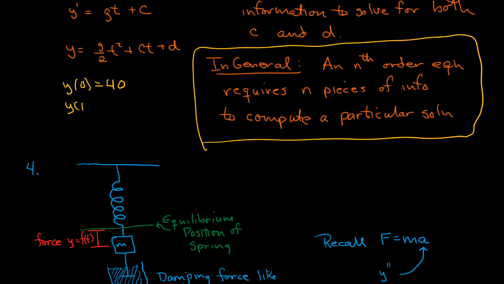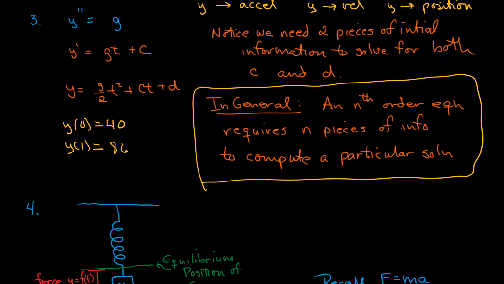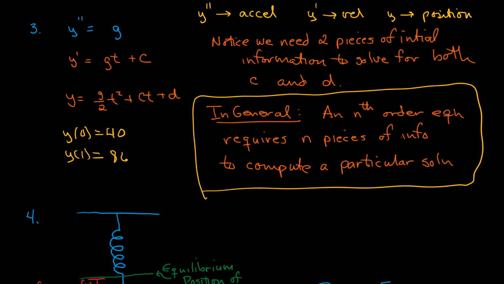Y of 1 equals, I'm just making up something, 86. In order to solve this particular differential equation to get a particular solution, with these 2 pieces of initial condition or information, we could actually solve now for the constants c and d and come up with a particular solution.